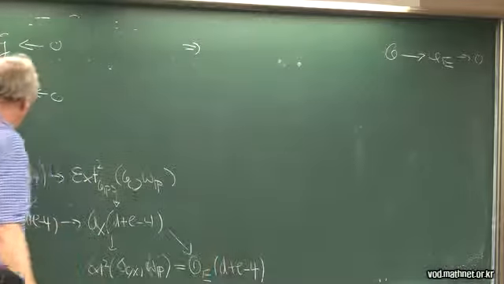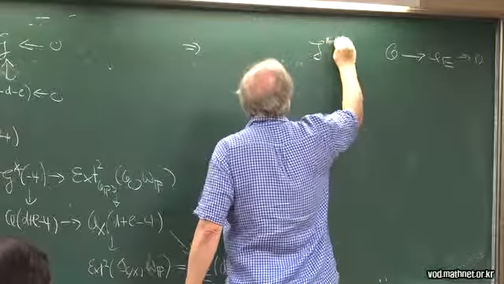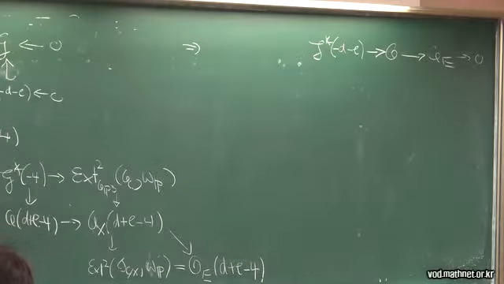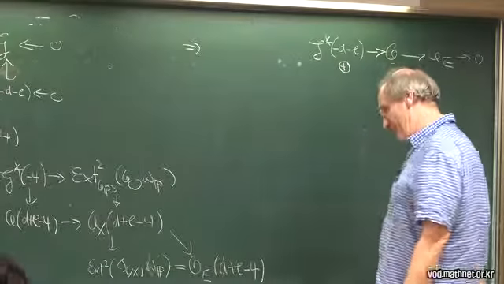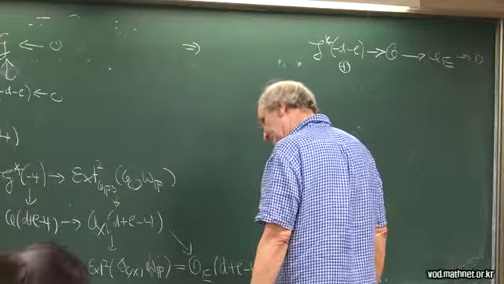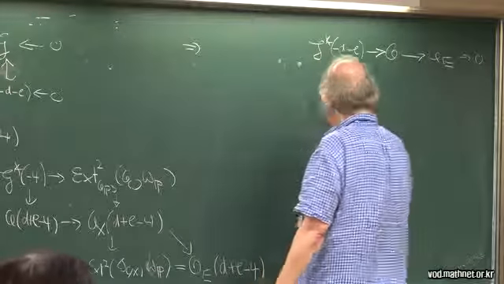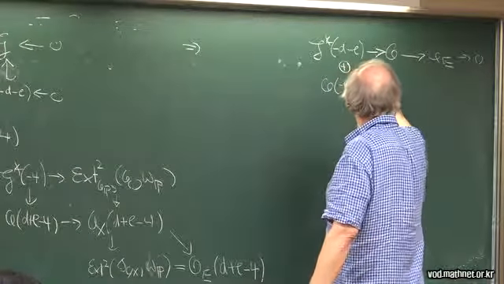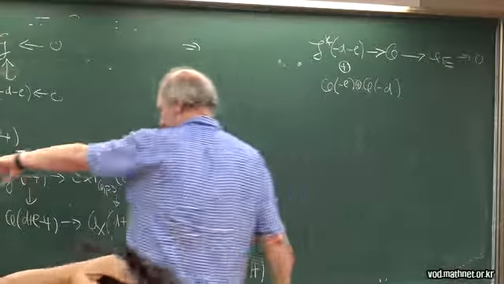Then we have G dual, and I should twist back by this twist here, so I get G dual twisted back by minus D minus E. And then I get this direct sum with this term here, which is O of minus E direct sum O of minus D, right? And then finally I get this term here.